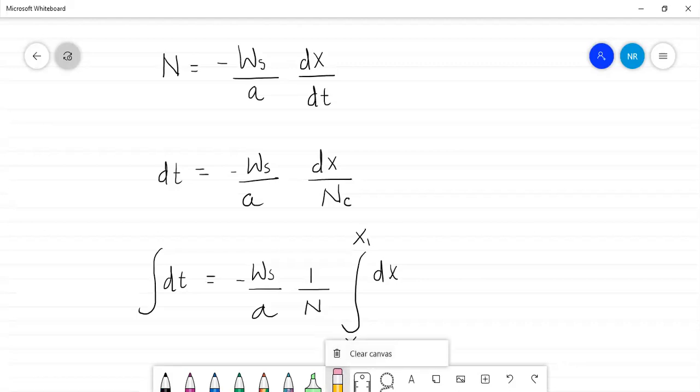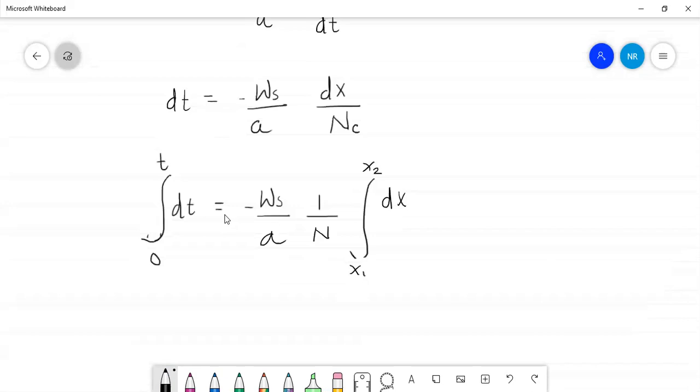Just 1 minute. We have a limit. Let's write the limit from 0 time to t time, and x2 to x1. Now I have to remove this minus sign.